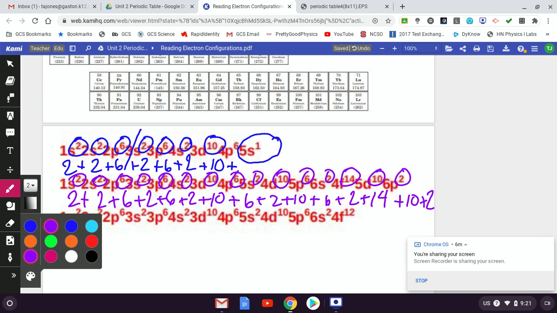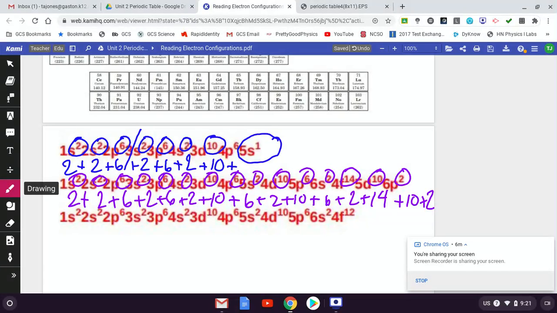Kind of wish I had a calculator at the moment, but I'll do it a long way. 2 plus 2 plus 6, that's 10, 20, 30, 36, 38, 48, 54, 56. 56 plus 14 is 70. 70 plus 12 is 82.